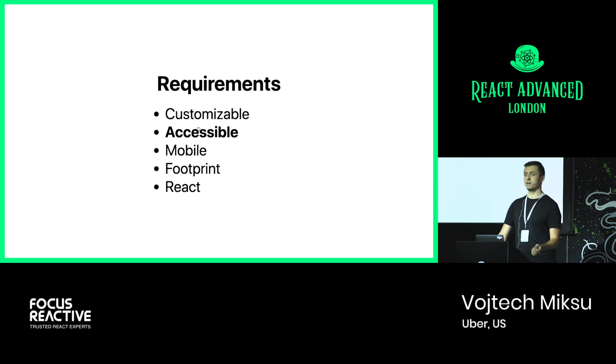It needs to be customizable. You should be able to update any style. It needs to be accessible. You should be able to control this component only with keyboard and screen reader. It needs to be mobile friendly. The size is very important too, because many of our teams have strict bundle size budgets. And of course, React.